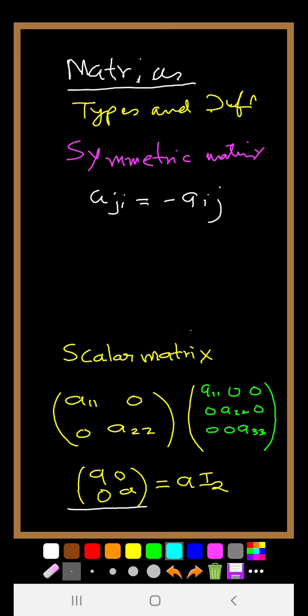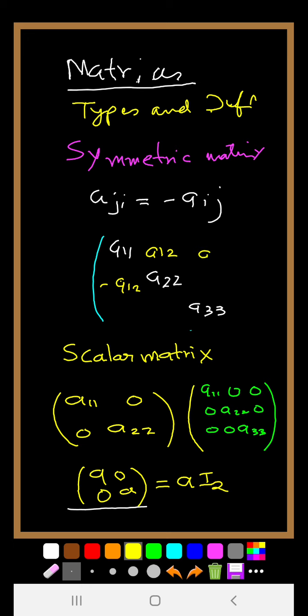Let's write the diagonal elements first: A11, A22 and A33. For the non-diagonal elements, this is A12, but the place where there should be A21, it is minus A12.